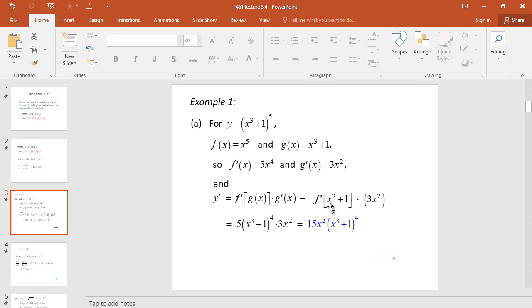So you get f prime of x cubed plus 1 multiplied by g prime of x, which is 3x squared. Basically, f prime of x cubed plus 1 is the same as 5 times x cubed plus 1 to the 4 multiplied by 3x squared. And so this is equal to 15x squared times x cubed plus 1 to the 4.